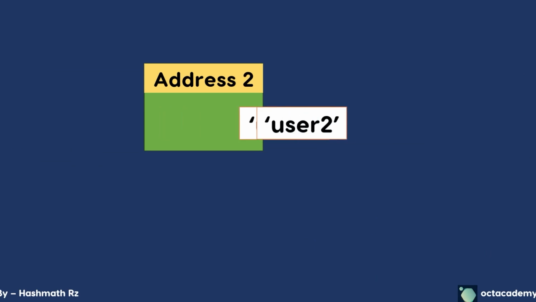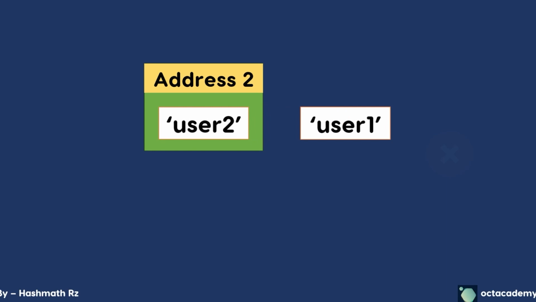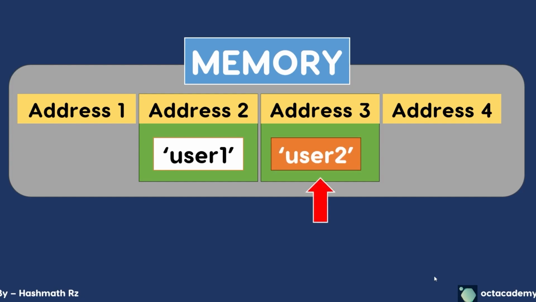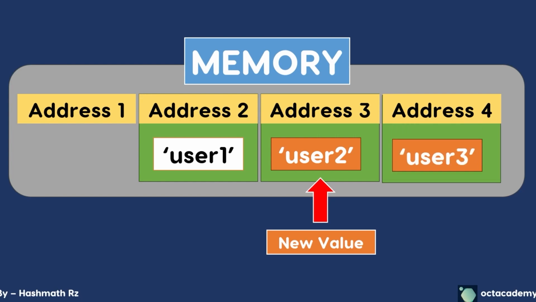You guys might think this will modify the previous value to the new value, but it's not. When we assign a new value, this will create another new space for that value and reallocate that variable to the new memory location, keeping the previous value. So this is why we call this a primitive data type. Every time we assign a value to this variable, this will allocate a new memory space, keeping the old value inside the memory.